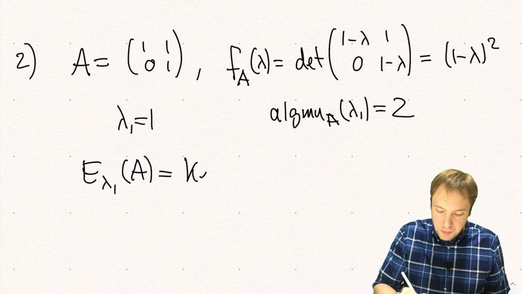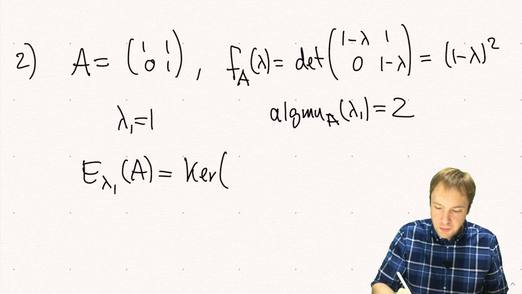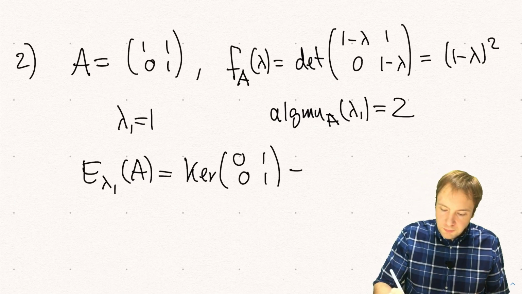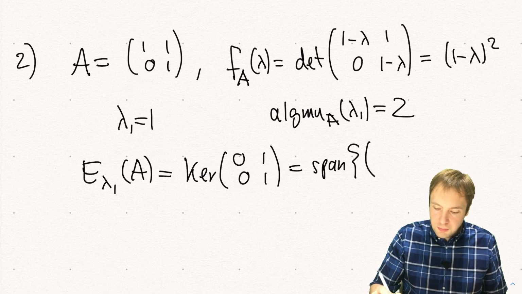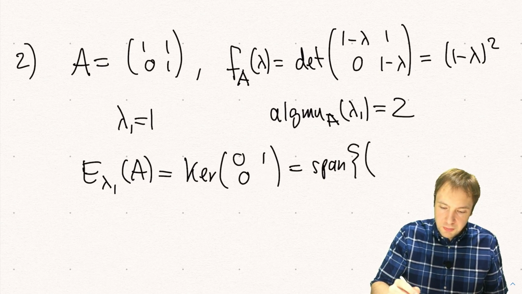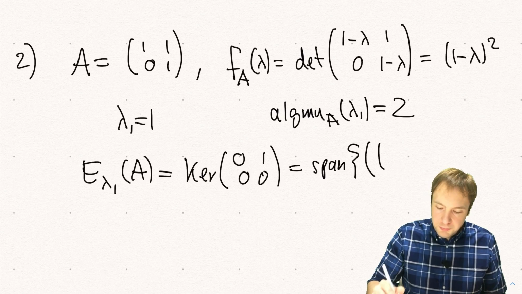Well, this is the kernel of this thing, when I subtract 1 on the diagonal. But this we also saw earlier, this is a span. Oops, this is a 0. This is a span of (1, 0).